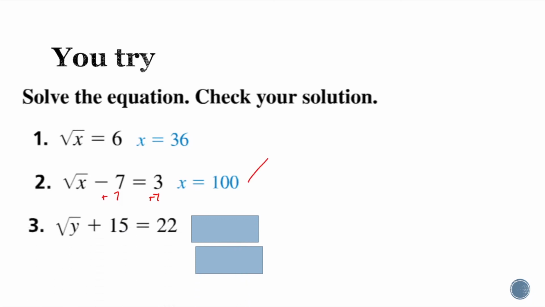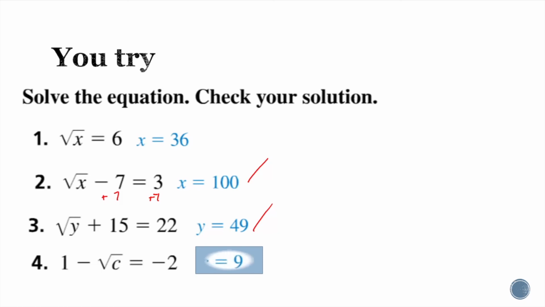Two more. Square root of y plus 15 is equal to 22. Again, subtract 15 on both sides, square that, and you get y is equal to 49. And last one, I have 1 minus the square root of c is equal to negative 2. Hopefully you saw that it was 9.